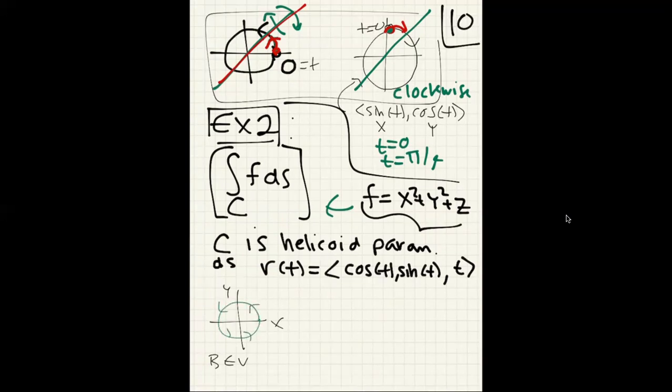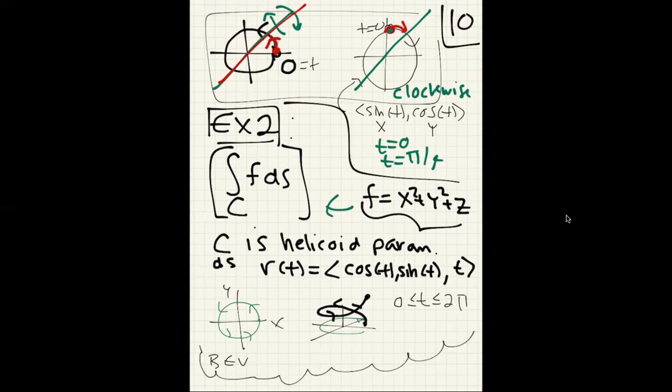That's the shadow it makes, but really it's rising up out of the page. And t is between 0 and 2 pi. So this is all the data that we need.